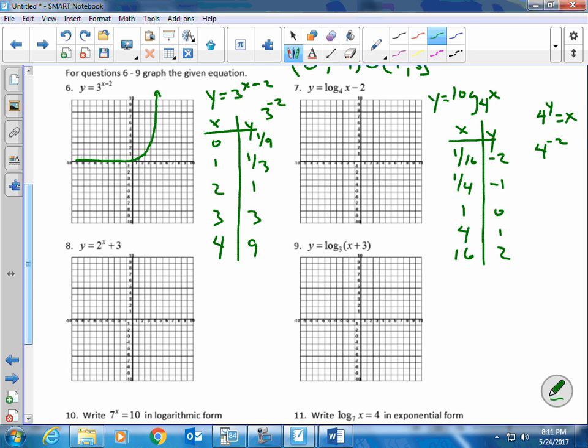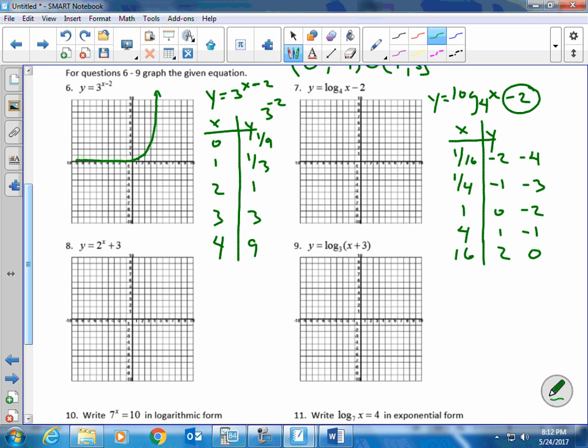Now, what does that minus 2 do to my table? It subtracts 2 from every y value, right? So now this is a negative 4, a negative 3, a negative 2, a negative 1, and a 0. This outside of the logarithm will move my graph down 2. Moving it down 2 is subtracting 2 from every y value.